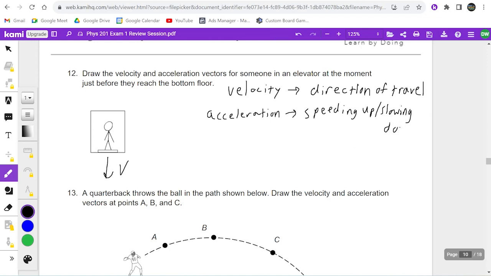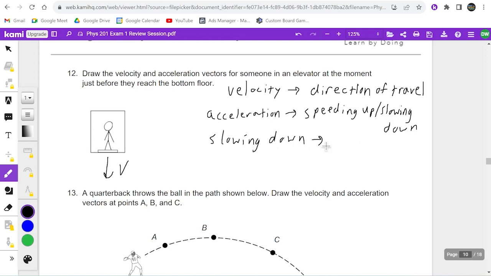I apologize. Slowing down. Okay, there. The reason why it's slowing down is because what happens right before you reach the bottom floor? You gotta slow down to a stop. And this is what I was saying earlier, that slowing down doesn't always mean acceleration points up or acceleration points down. In this case, it's definitely slowing down, and we know that because it's about to reach a stop.